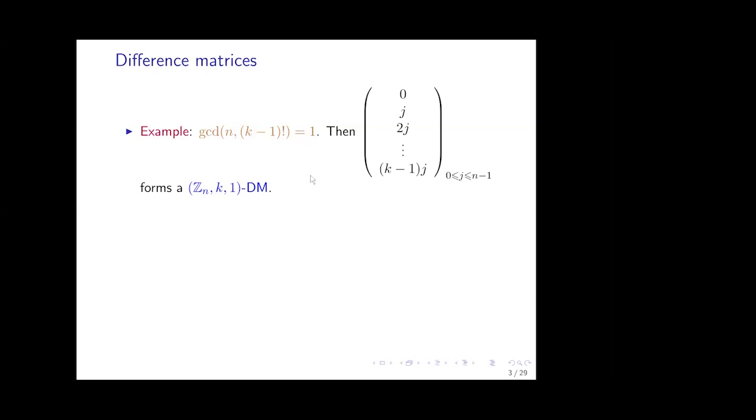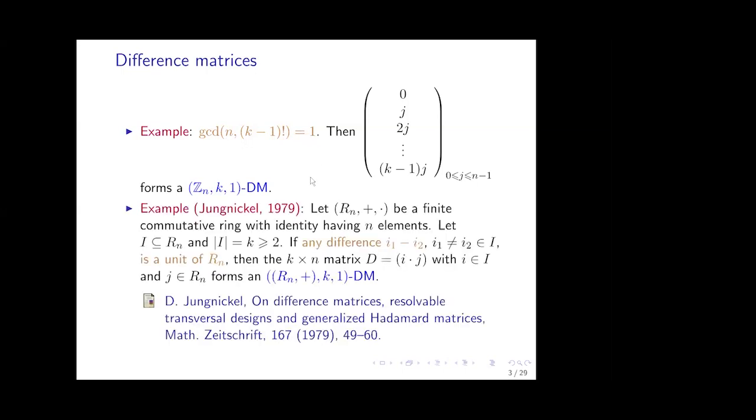Actually, this simple example can be generalized into the following example. It was first mentioned by Nicol in 1979. Let Rn be a finite commutative ring with identity having n elements. In our above example, we take Zn as Rn. Let I be a subset of Rn of size k.